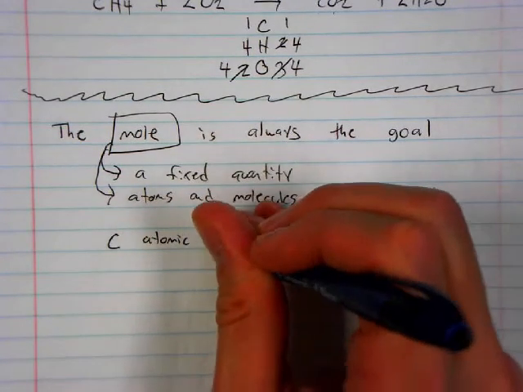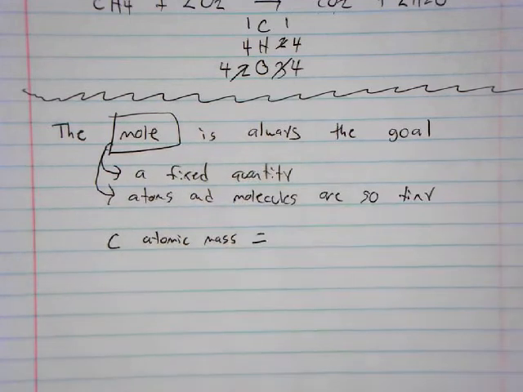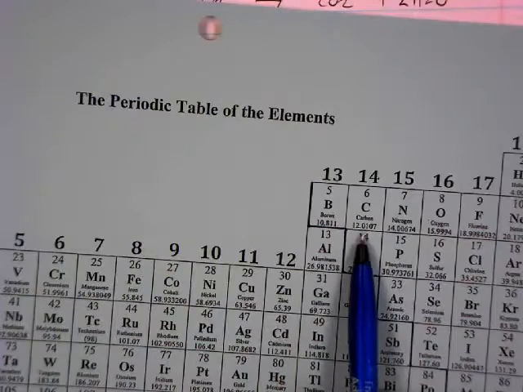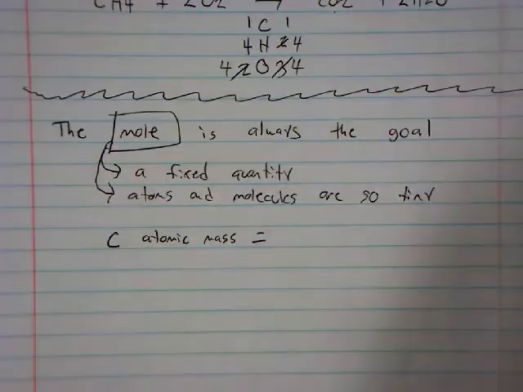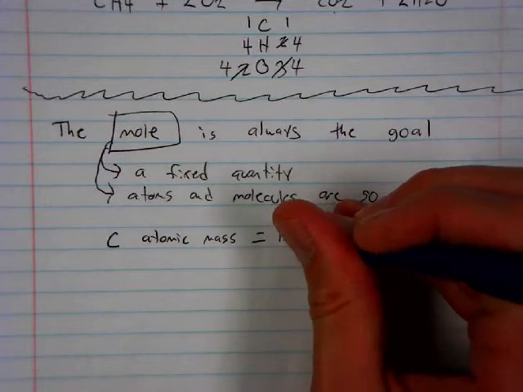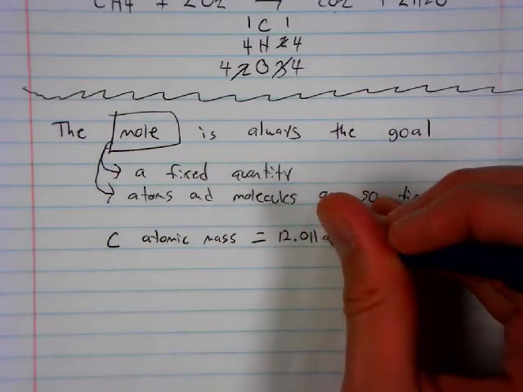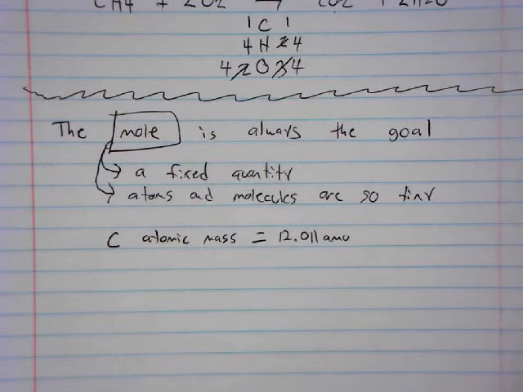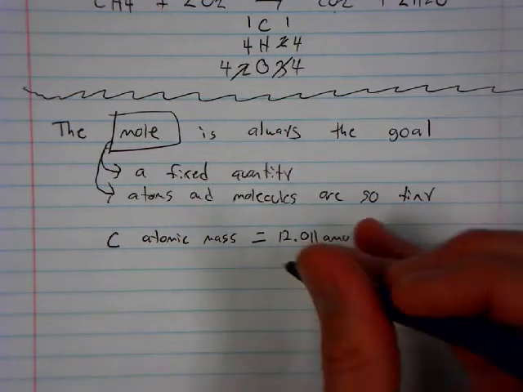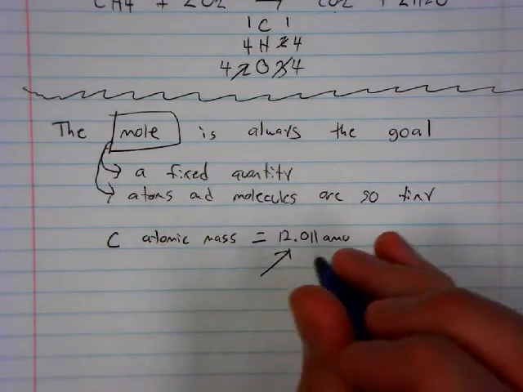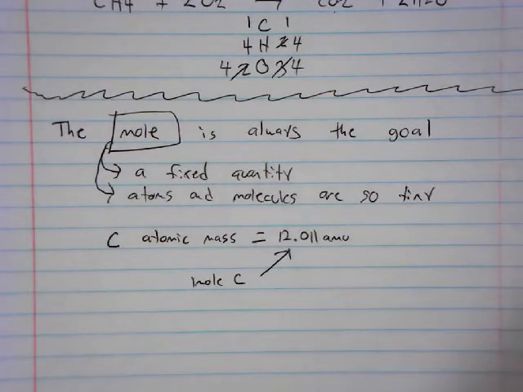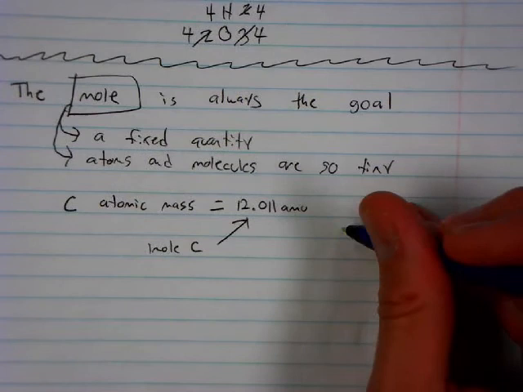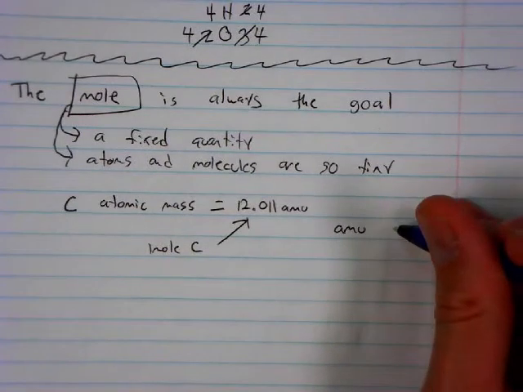Carbon has an atomic mass on the periodic table of, right here, 12.011. And I do 3 after the decimal, and that's what I want you guys to do. 12.011 atomic mass units. Well, this is how much 1 mole of carbon would weigh.